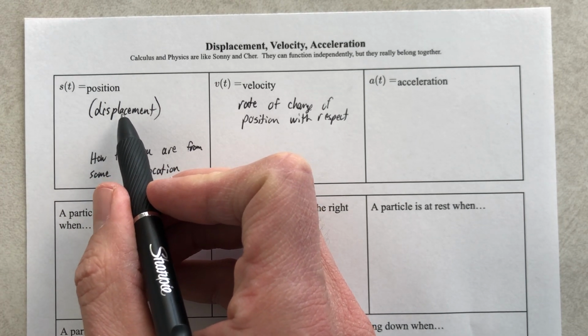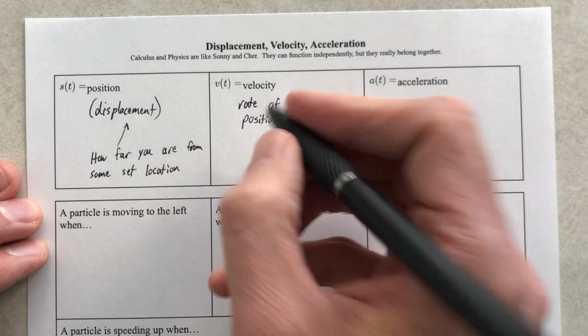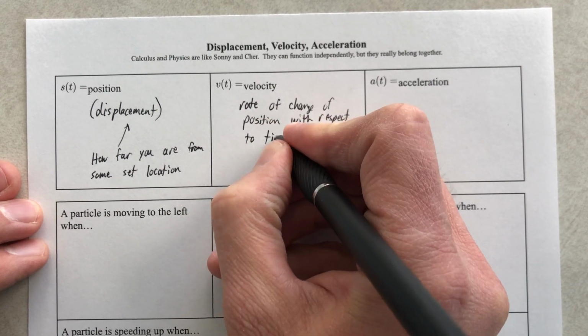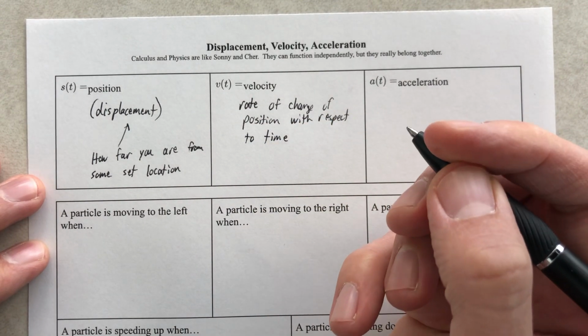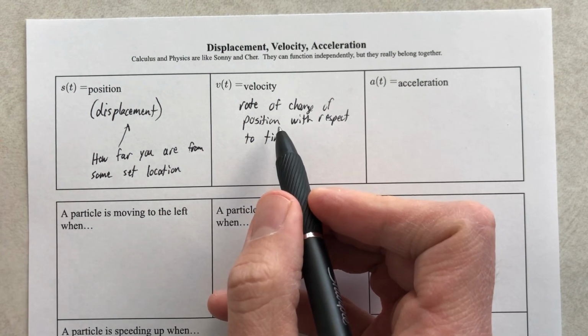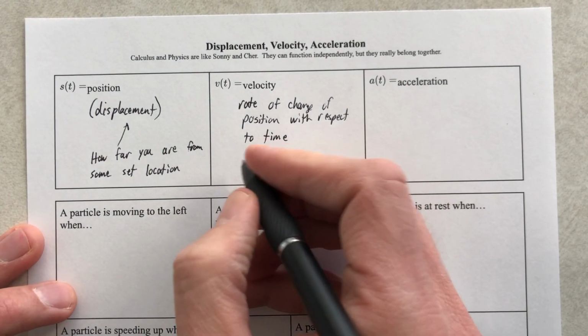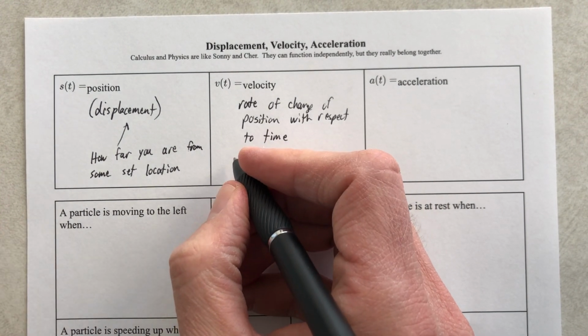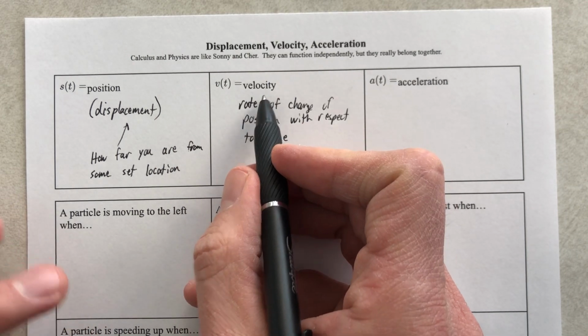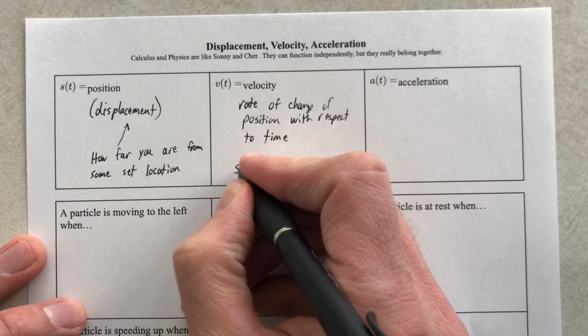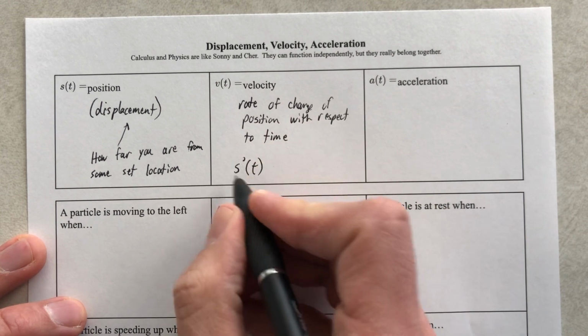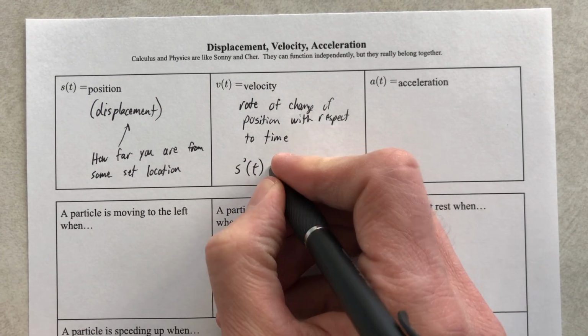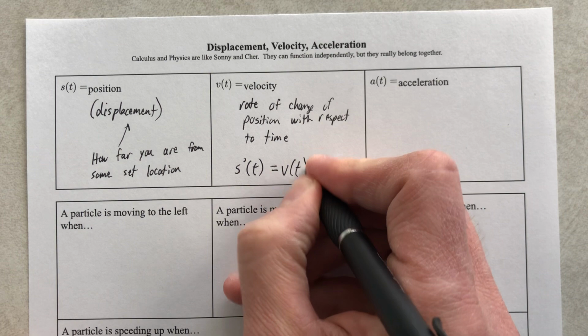So miles per hour, meters per second, one of those things, with respect to time. In this circumstance, again, rate means derivative, so the rate of change of the position function, or the displacement function, is velocity.